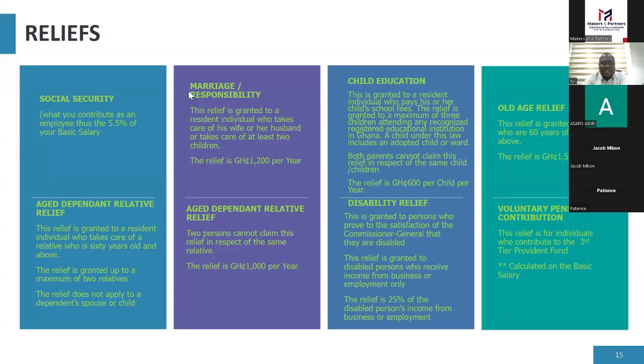The relief is 25% of the disabled person's income from business or employment. And we have the voluntary pension contribution. That's the PF. This relief is for individuals who contribute to the third-tier provident fund. And we know the provident fund is calculated on the basic salary.